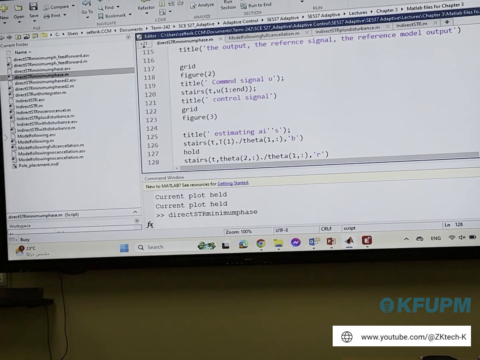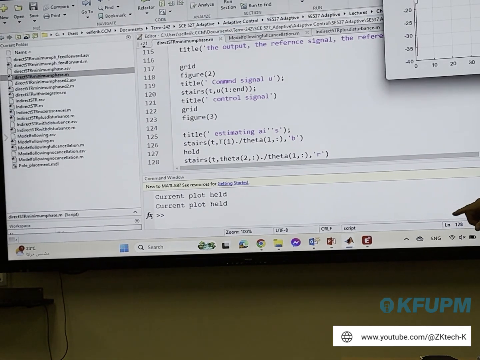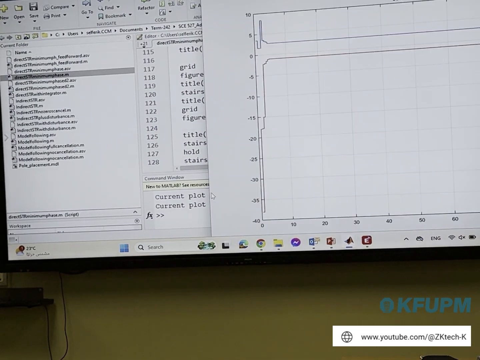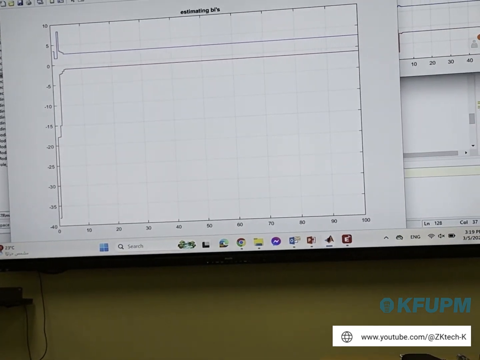So the code implements the filter. There are many ways to do it in MATLAB, but we want one that can do it point by point. There is a MATLAB function filter that allows you to create any filter you want, but we just use the equation. So these are the values of B, they have been correctly identified, B0 and B1.